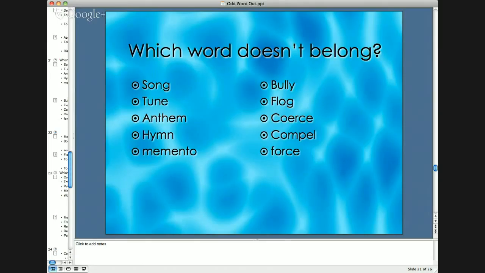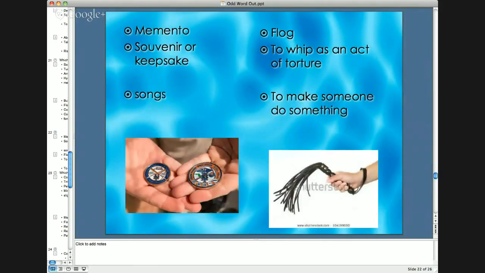Same with tunes. These are interchangeable. An anthem could be the song of a certain group or song of a country, national anthem, right? And a hymn is similar. So the answer is memento. A memento is a souvenir or a keepsake. See these coins or these tokens? Those are mementos.